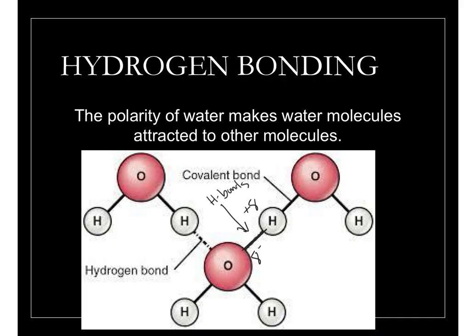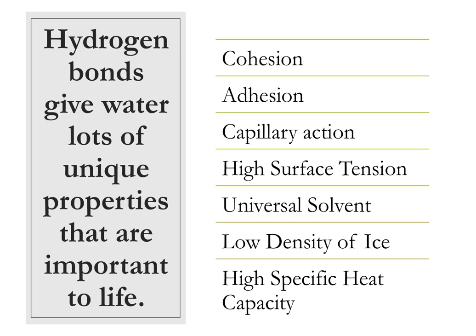Hydrogen bonds give the water molecule a lot of abilities that many other liquids, such as alcohol, do not have. Remember, because of that partial positive and partial negative, these produce hydrogen bonds and interact with anything that has a particular charge.